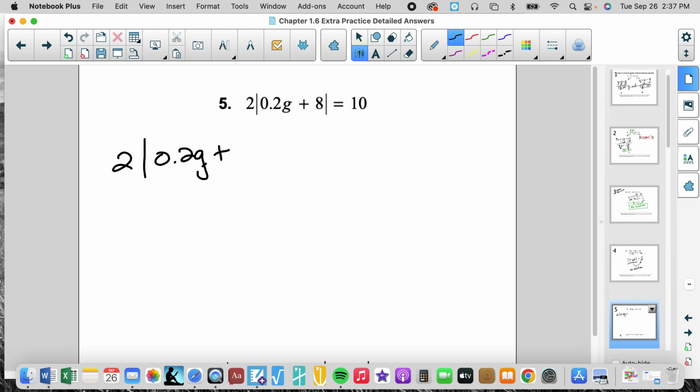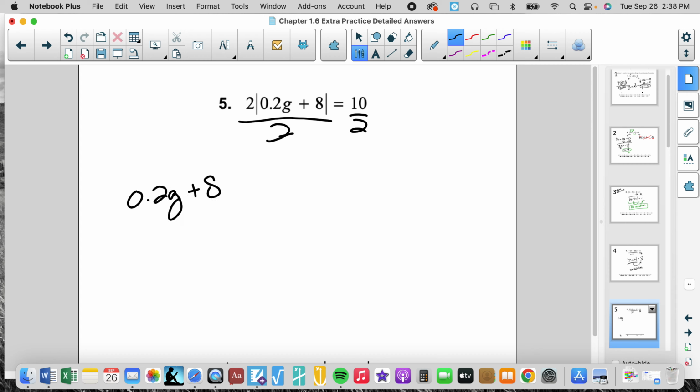0.2g plus 8. Oh no. Nope. I've got to isolate first. Divided by 2. Divided by 2. 0.2g plus 8 equals 5. That's the absolute value. We divided both sides by 2.